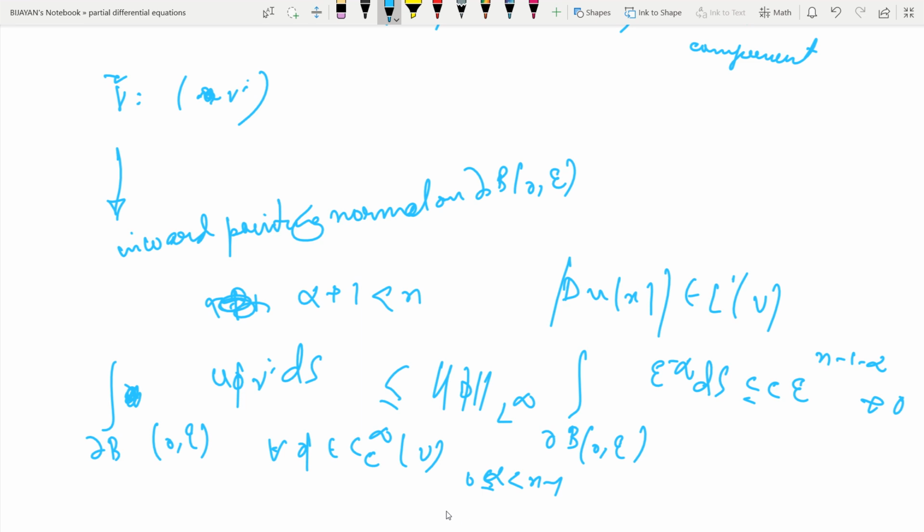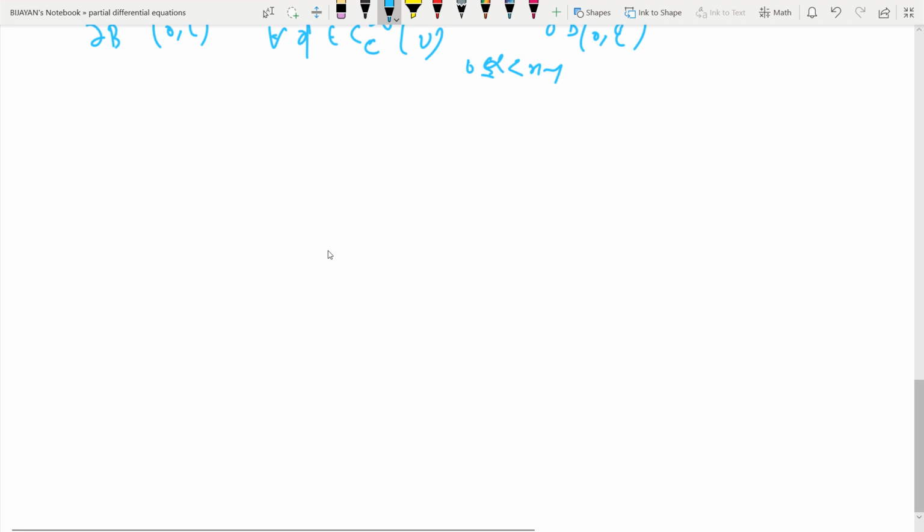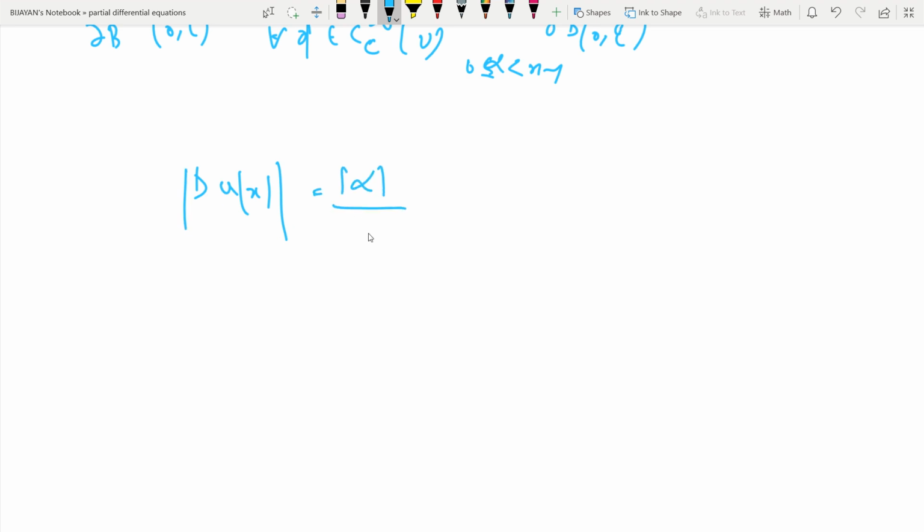Moreover, Du, of order alpha plus 1, belongs to L^p(U) if and only if alpha plus 1 is less than n.